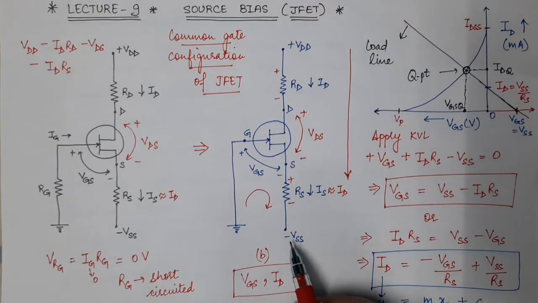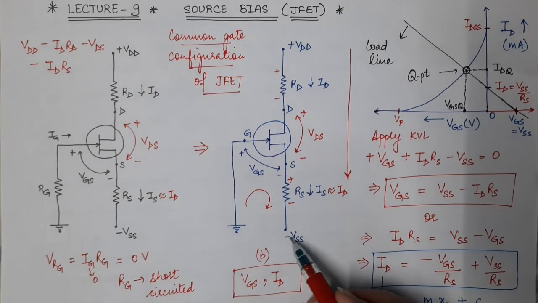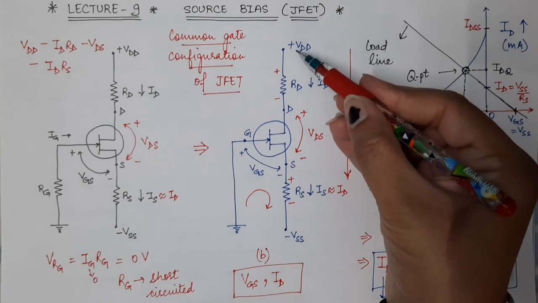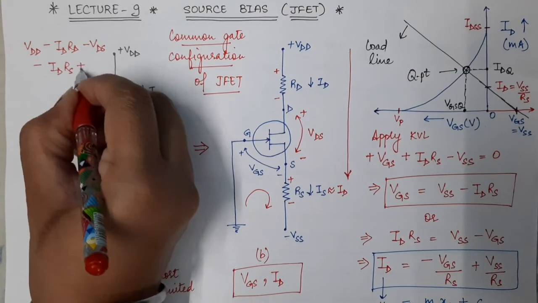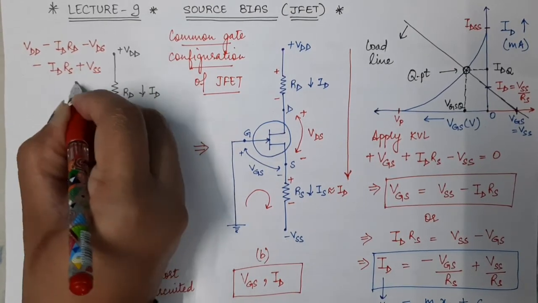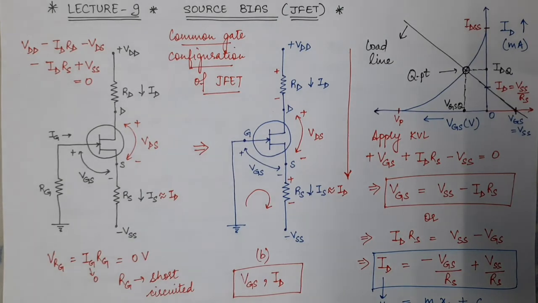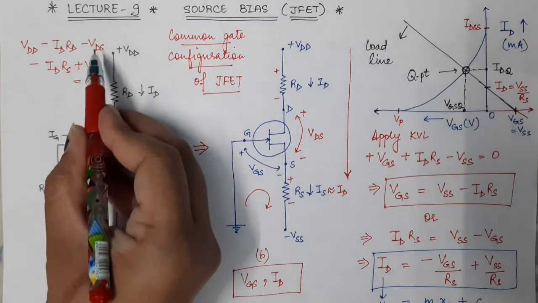And then here, minus VSS. This sign is alternate corresponding to this, so you will use plus. It is equal to 0. And find the value of VDS from this equation. What is the value of VDS?